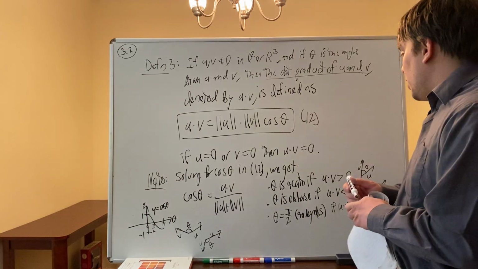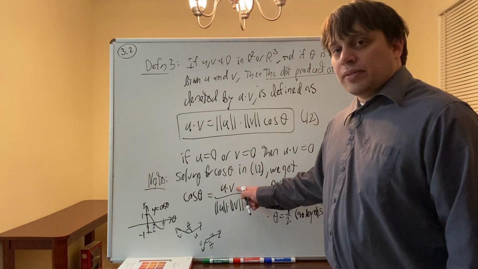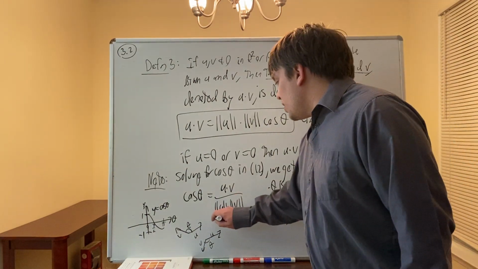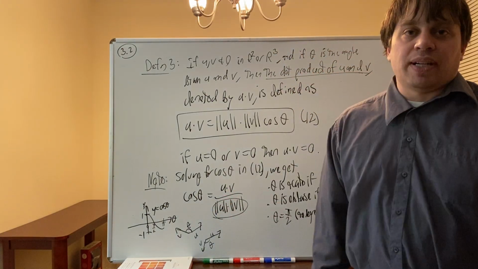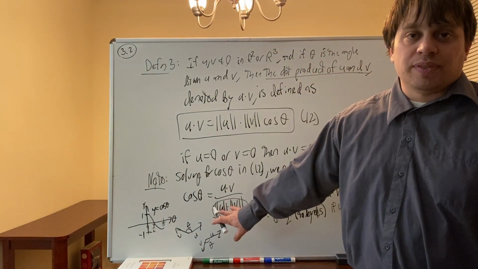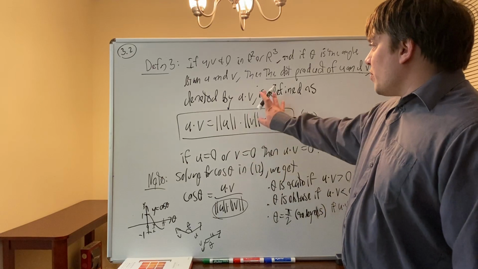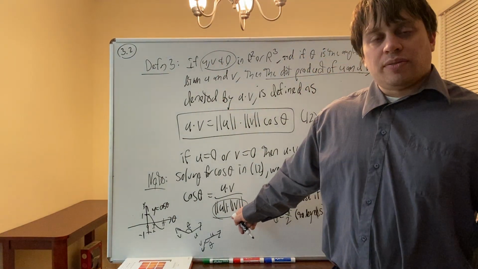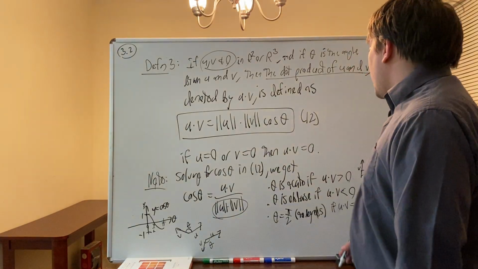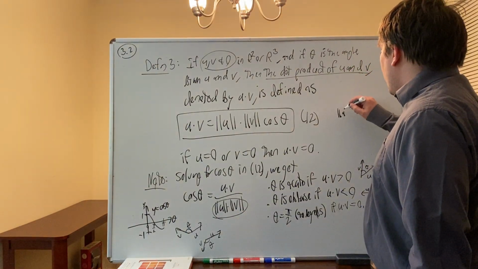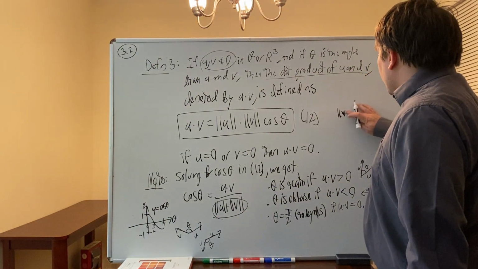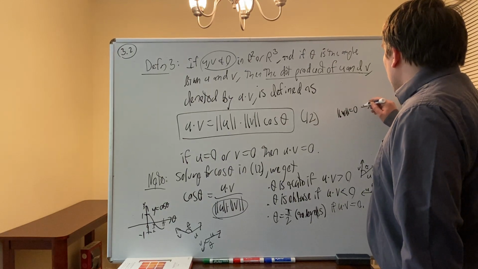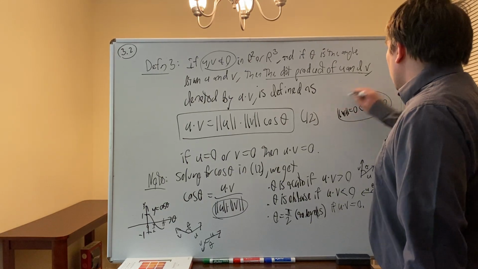Okay? Now, if u dot v is positive, this denominator is the product of the norms of two vectors. That's always positive. We're dealing with two non-zero vectors here, right? If u and v are non-zero, that means their norms are non-zero. We had the fact that the norm of a vector is equal to 0 if and only if the vector is 0.